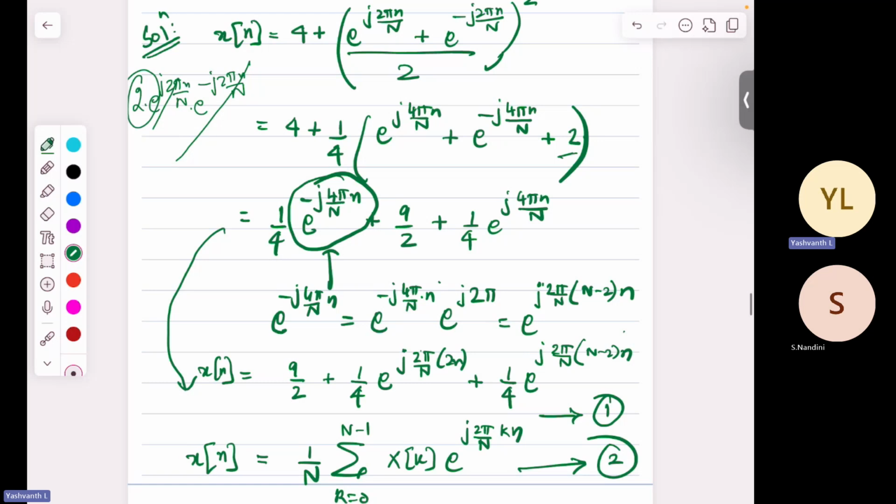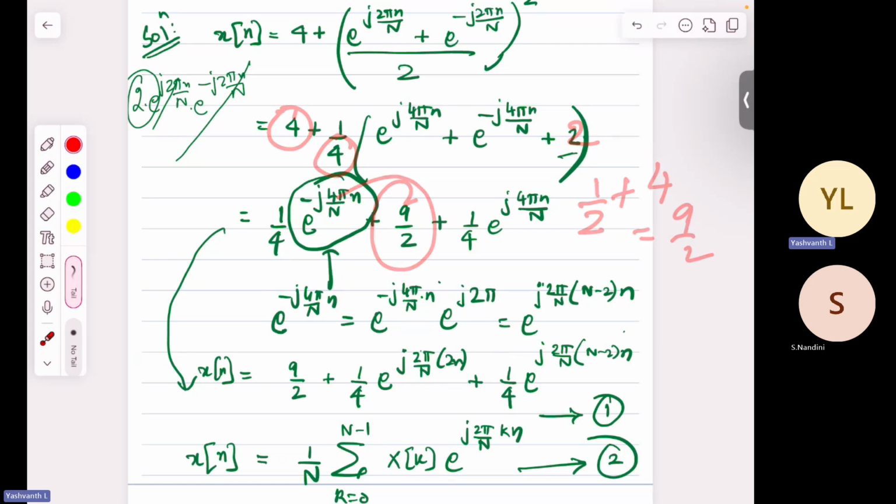Now, simple. I will just expand it. 1 by 4 into e power minus j 4 pi n by capital N plus 2 by 4, which is nothing but half. Half plus 4 is nothing but 9 by 2.